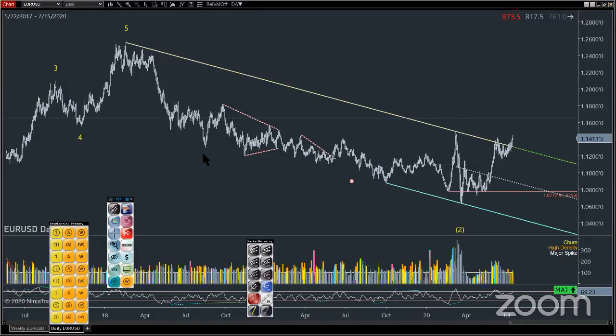And this is just a big ABC. I think that's what the dudes at Elliott Wave would prefer, I say. So if that's a big 1, 2, 3 triangle 4, then what are we looking at? We're looking at 1, 2, 3 triangle 4 ending diagonal 5.